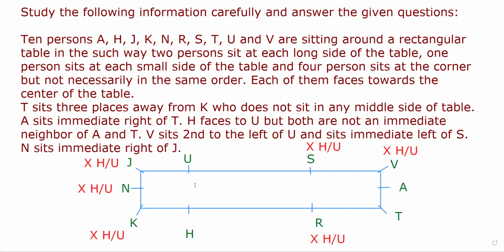If the face of N is this way, then obviously the left side is this way. So if the question is how many persons sit between N and S, counted from the left side of N, the answer will be 2, because J and U are the two. So this type of question we mainly get from this type of paragraph.